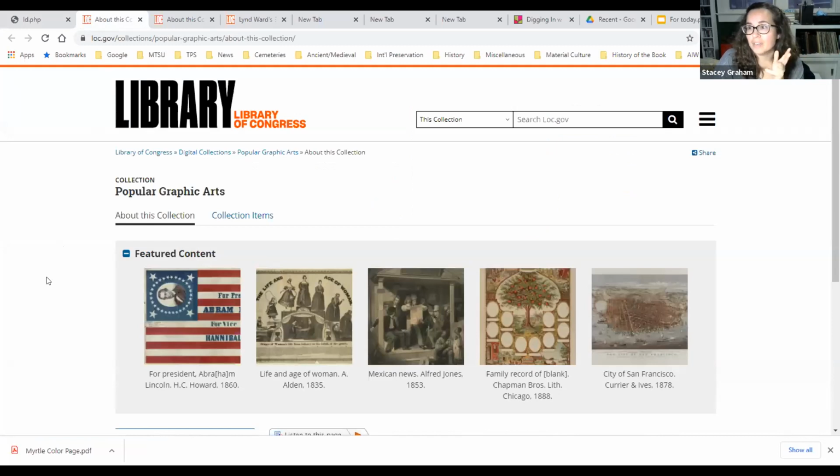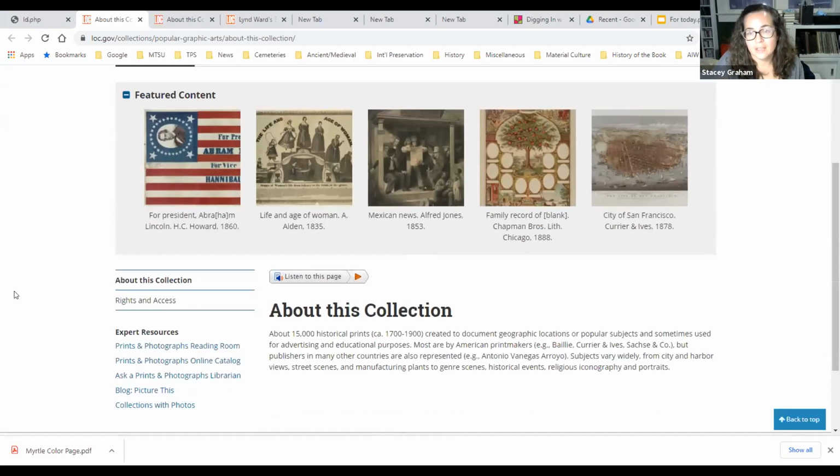So Popular Graphic Arts, kind of like artist posters, is a catch-all. It's a huge miscellaneous category at the Library of Congress where there's just tons of different types of illustrated things from the 19th and 20th centuries.